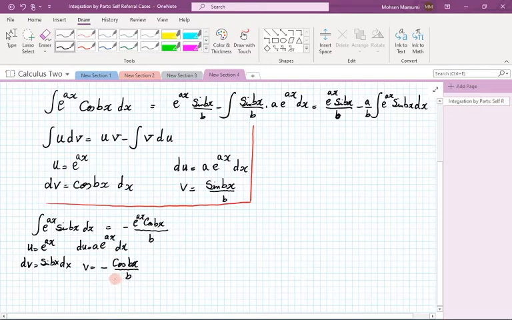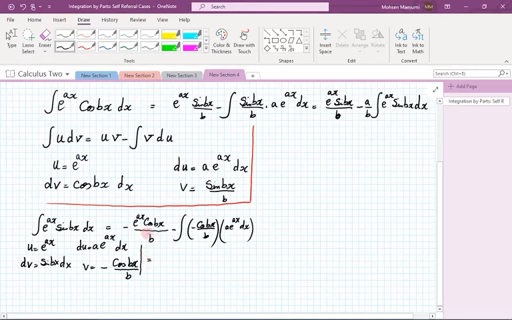Let's see, maybe I write it first full force and then we come back and simplify. Let's write v, so that is minus cosine of bx over b, and then du, that is a exponential of ax dx. I put them in parentheses so I don't make a mistake with subtractions.